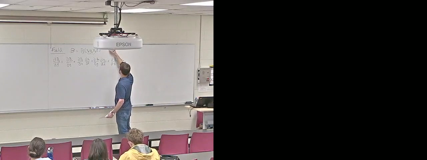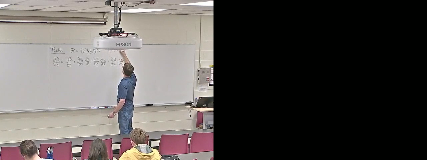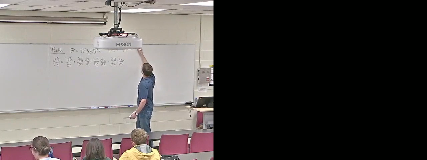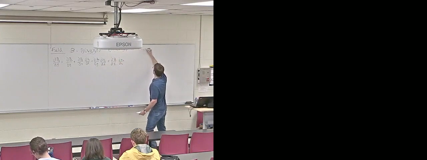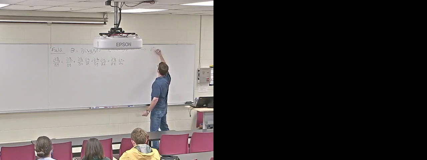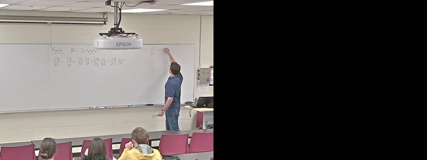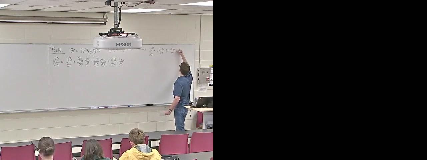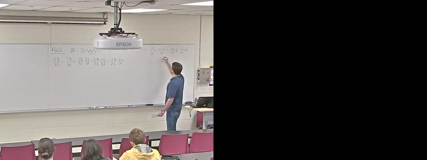If we say that the position vector of A is equal to x_A i plus y_A j plus z_A k, then that means that the time derivative of this is equal to dx_A/dt i plus dy_A/dt j plus dz_A/dt k, or equal to the velocity of A, right?